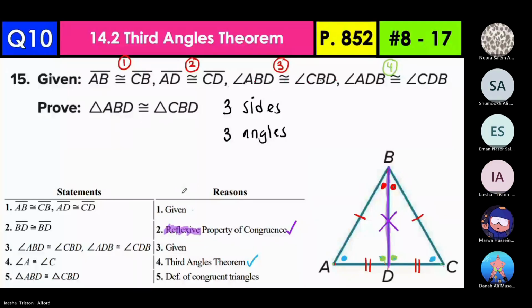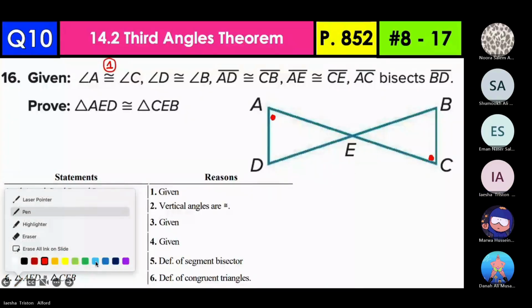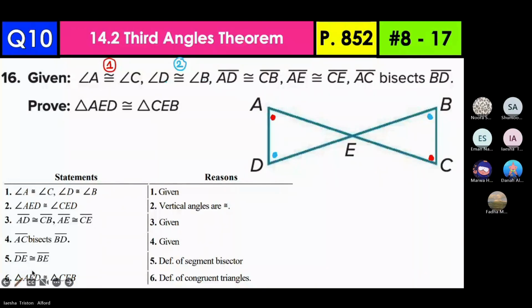Try again. Here, we're going to mark all the givens. Given number 1, angle C and angle A are congruent. Given number 2, angle D is congruent to angle B. Given number 3, side AD is congruent to side CB.